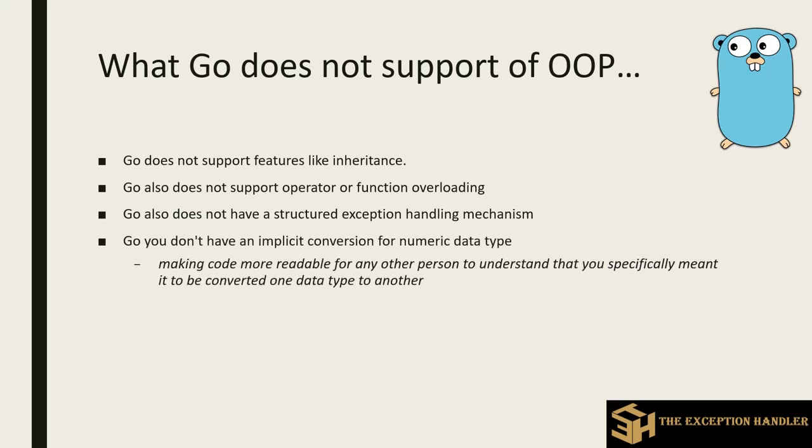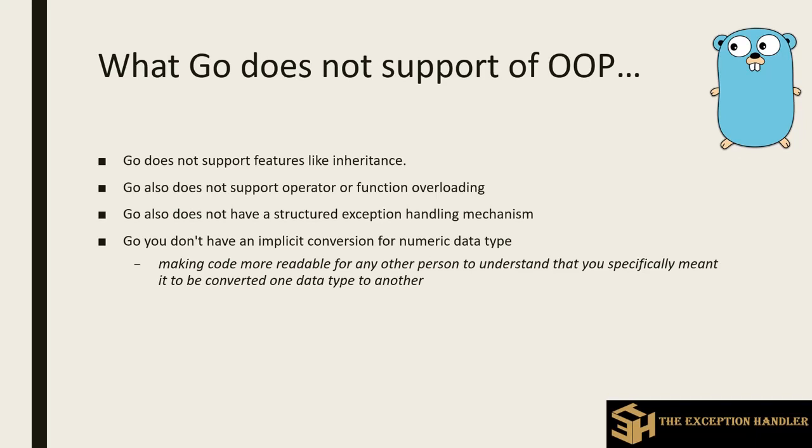Another feature that Go does not implement is implicit data conversion of numeric data types. For example, in other programming languages, you might have been able to convert an integer to float directly without writing any sort of specific conversion there. But in Go, this is not allowed. In my personal opinion, this is also good because this makes the code more readable to another person who is new to your code.